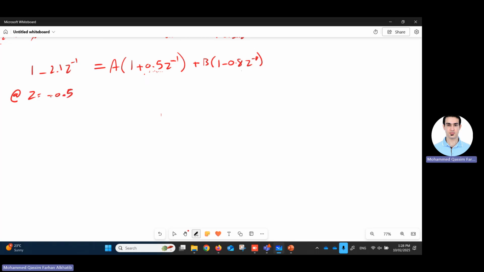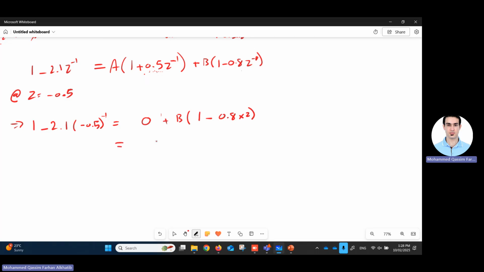I have 0.5 times its inverse, which is 1, and then the plus and negative cancel each other out. So I will get 1 minus 2.1 times negative 0.5 equals, this will become 0, plus B (1 minus 0.8 times 2, which is negative 0.5 reversed).